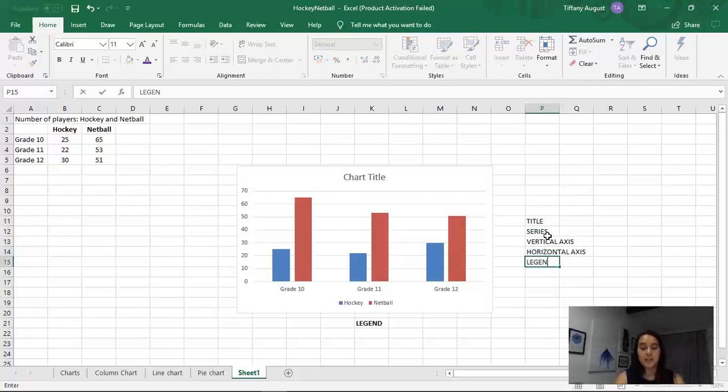We've looked at the legend already, and then the last one is your grid lines. And if you look at the back of this chart, you'll see very faint gray lines that guide your eye to see the amounts of what these graphs are presenting to us. Those are called your grid lines.